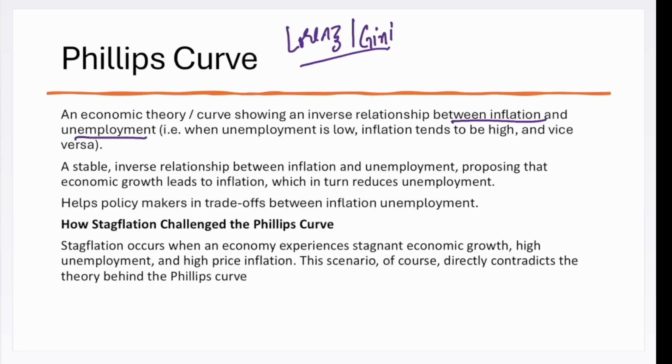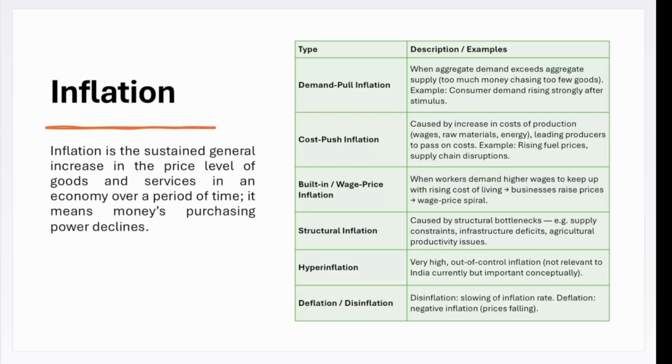What is inflation? Inflation is a general rise in prices. Let's first understand the idea of inflation, and then we'll come back to the Phillips curve. So let's go forward and understand inflation first.